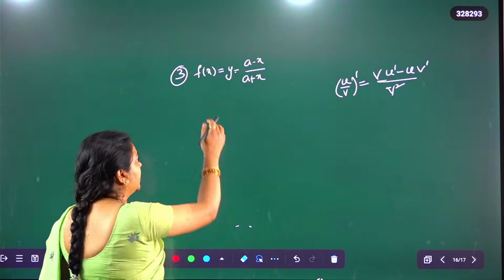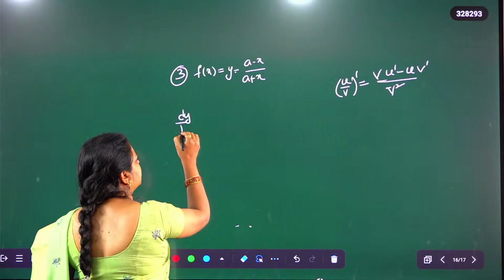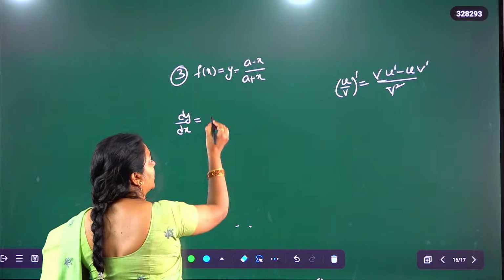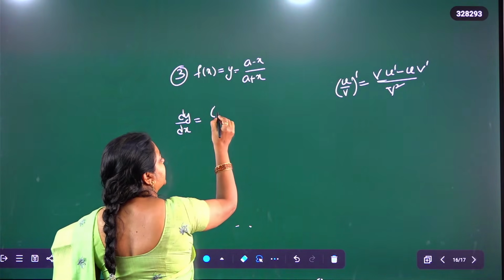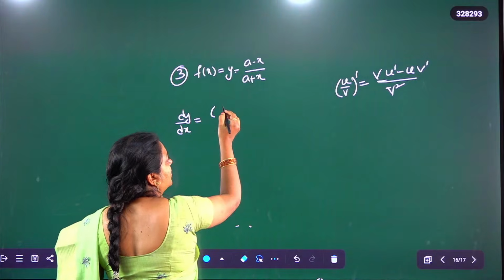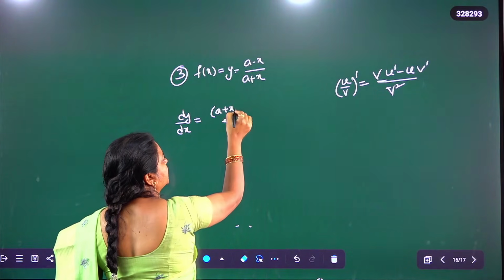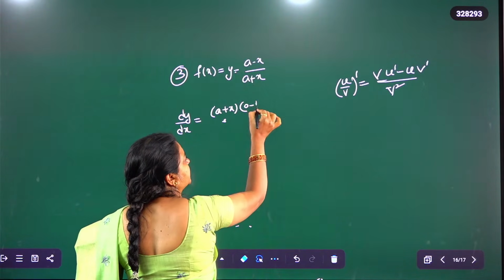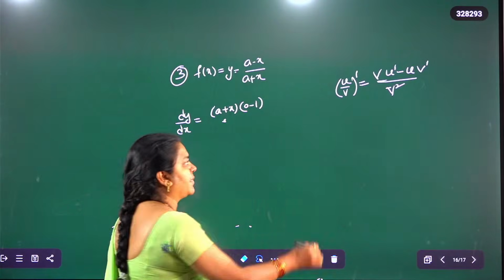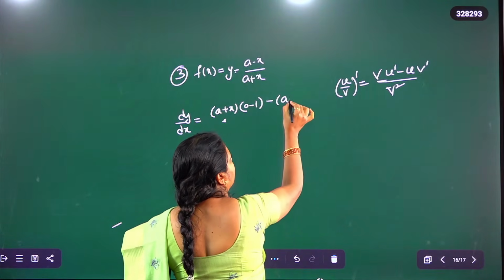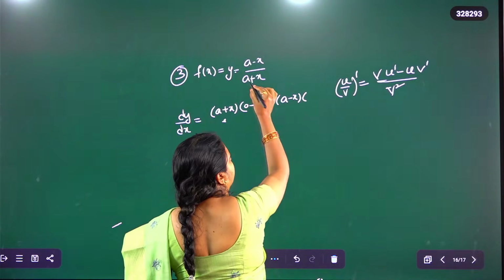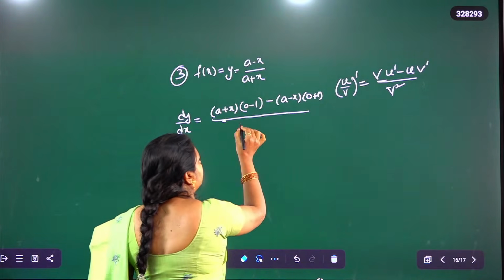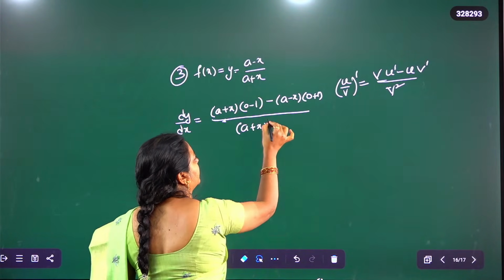Right? So here also dy by dx is v u dash. For a minus x, the derivative of a is 0. At first we will write v, a plus x, into the derivative of a minus x: a is constant so 0, and the derivative of x is 1, so minus 1. Minus u, which is a minus x, into v dash: the derivative of a is 0 and of x is 1, by v square, which is a plus x whole square.